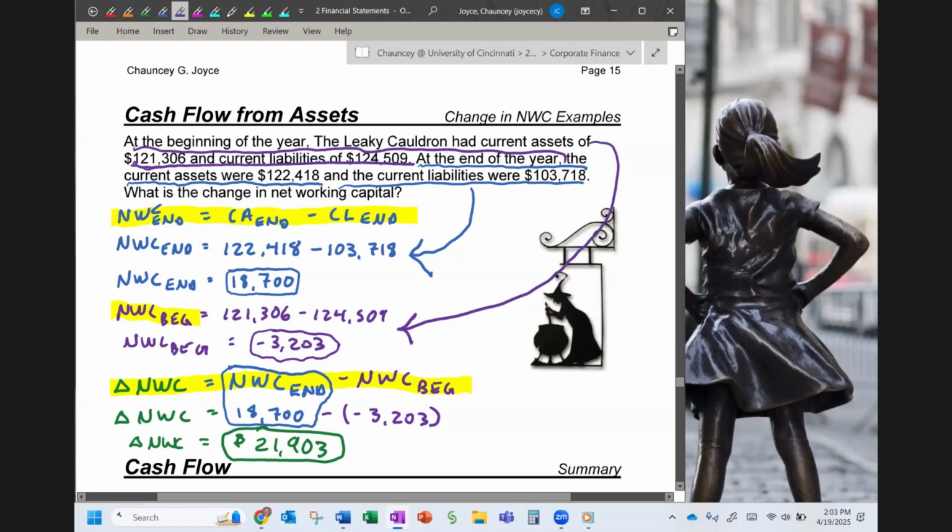So now we need to be careful with our change in net working capital, which is always ending minus beginning. So we'll take net working capital at the end minus net working capital at the beginning. So our change in net working capital is just 18,700 less a negative.